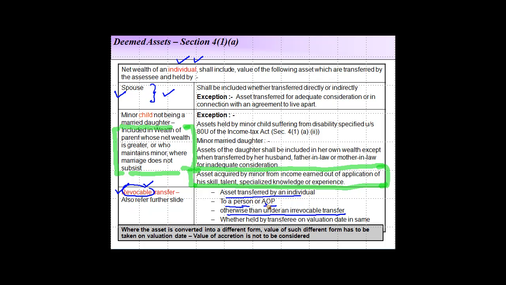Now, a provision that also applies to all these transfers, spouse, minor child, or revocable transfer, is that if you transfer one thing to an individual, and he converts it into a different form, the value of such different form has to be taken on the valuation date. The value of the creation is not to be considered.